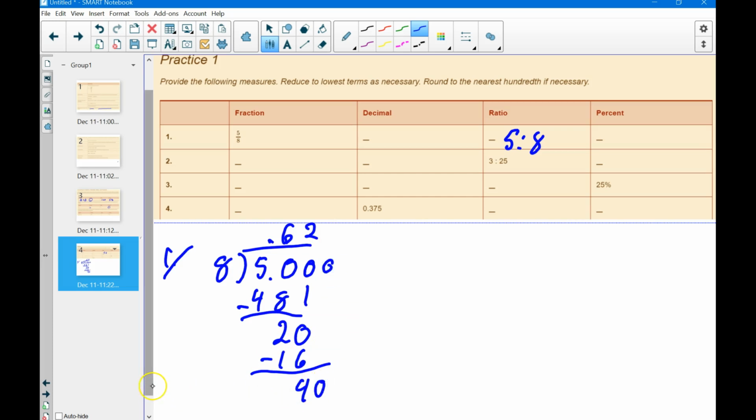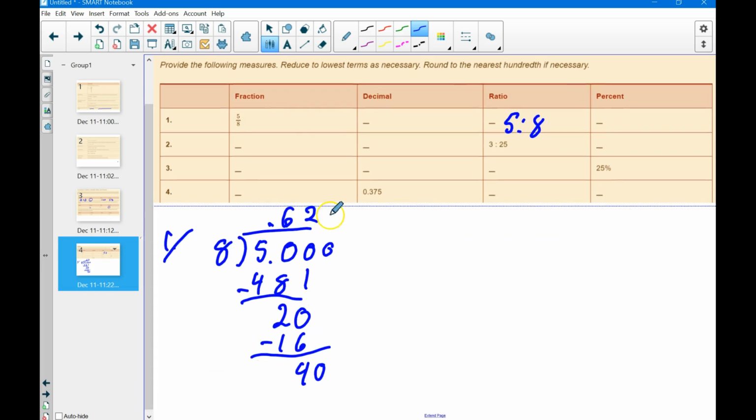Now 8 into 40. All right, awesome. So our decimal now is going to be 0.625. And as a percent now is easy because we just move 2 places to the right. And we have 62.5%.